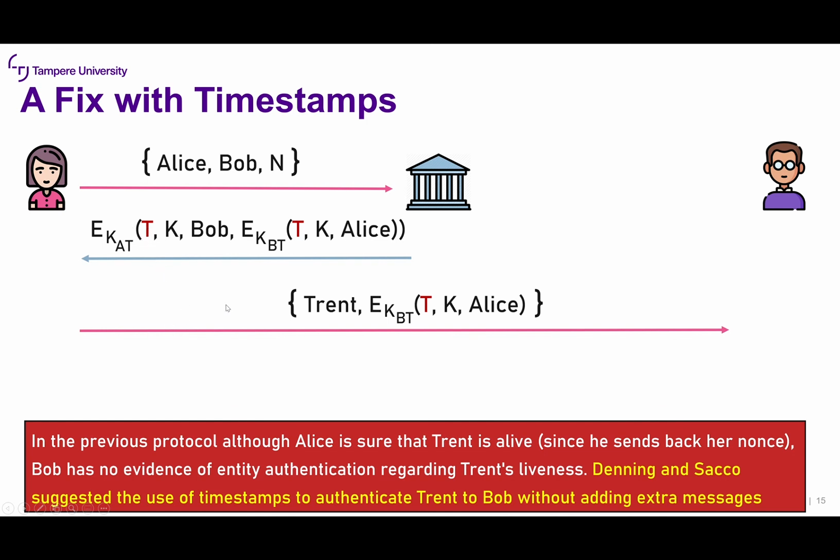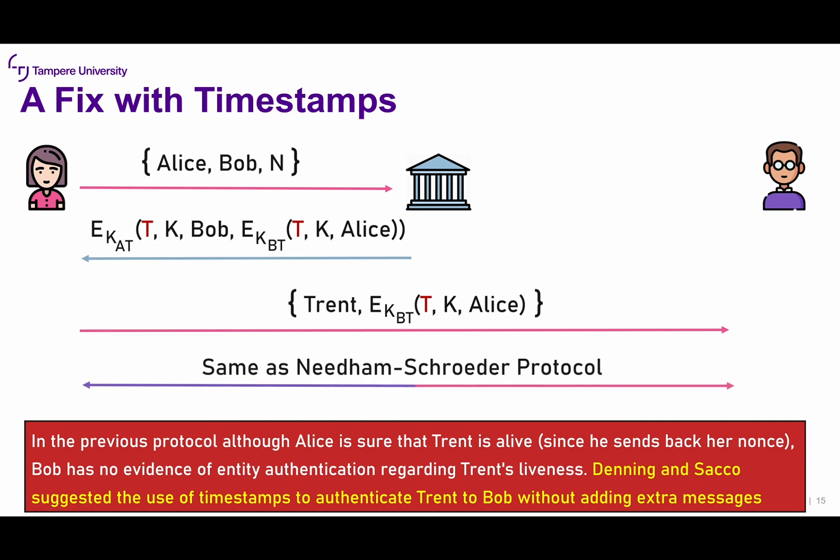And then she contacts Bob by saying, "Okay, Bob, I have something from Trent that goes to you," and Bob would have to decrypt that by using KBT. Now, upon reception, Bob decrypts that part and sees that, okay, Alice wishes to communicate with him. Here is the session key and here is the timestamp. So basically this says that the message is fresh, right? And then the protocol goes on the same as in the original Needham-Schroeder protocol.